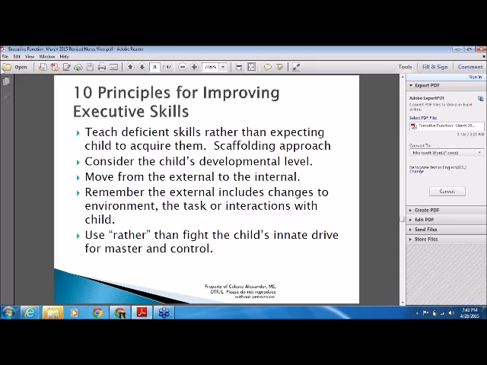So their advice is to create routines and schedules so that your child knows what will happen when and will accept them as a part of everyday life. And I feel like I'm preaching to the choir, so to speak. We do this so innately with our children who are on the spectrum, but we're learning that our children who have executive function challenges need this as well. Actually, I think all children to some degree crave routine and schedules.